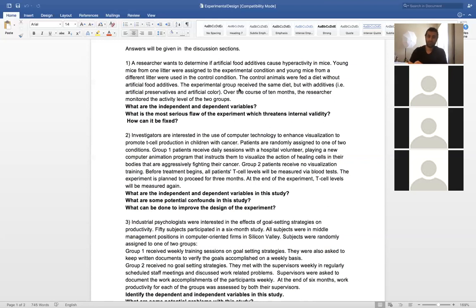So what do you guys think? I just don't want to give up the answers. What do you guys think the independent variable is in this question? So we're looking for 2 things: independent and dependent variable.